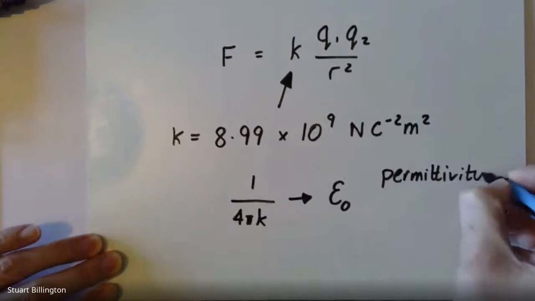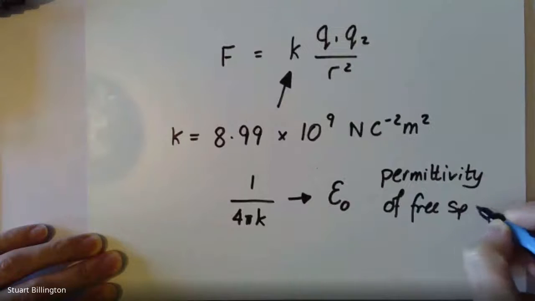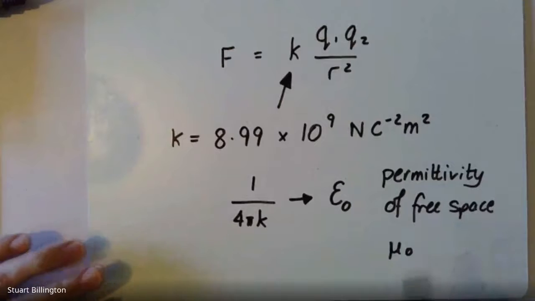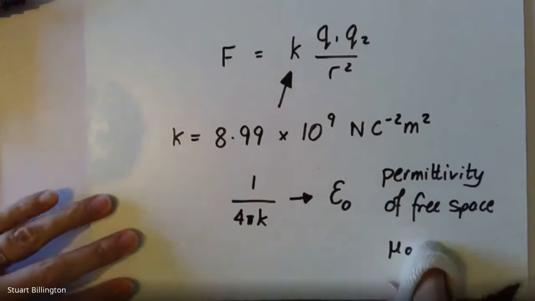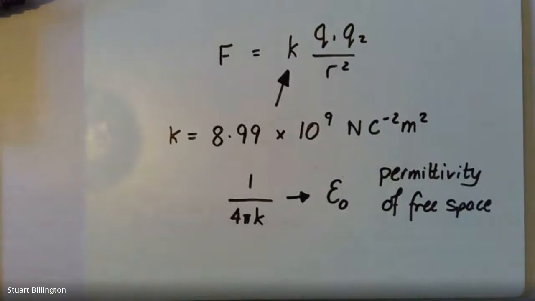permittivity of free space. Not to be confused with mu naught, which was the permeability of free space from the last topic, and capacitance. So let's not muddle it up with mu naught. This is epsilon naught, the permittivity of free space.